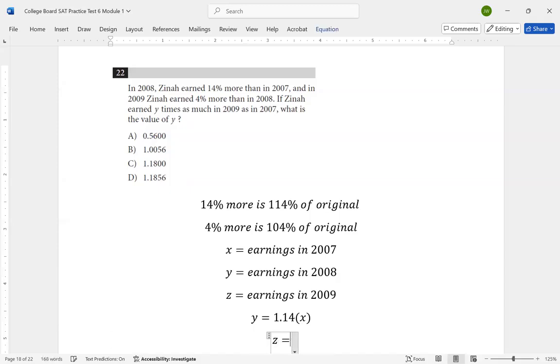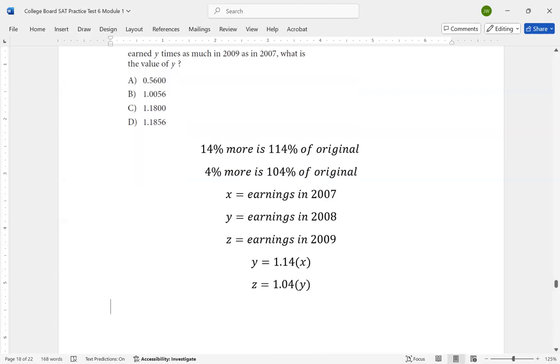And Z is equal to 104% of the earnings in 2008, which is Y. Notice that in order to get Z, the earnings in 2009, compared to the earnings in 2007, we take 1.04 and replace this Y with 1.14x.